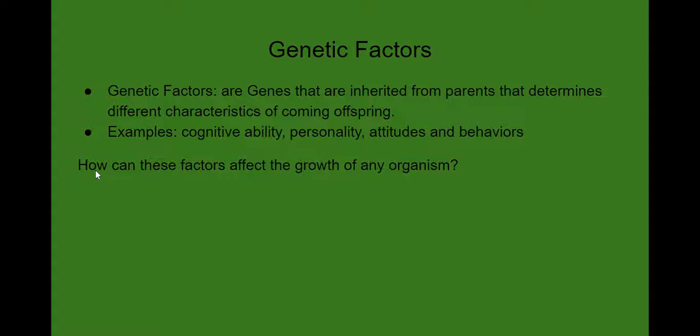Now, how can these factors affect your growth in any organism, okay? So, when you have genes that come from your parents, sometimes they can be defective, meaning that they're not good. So if they're not good, then that means your thinking process won't be as good as it should.